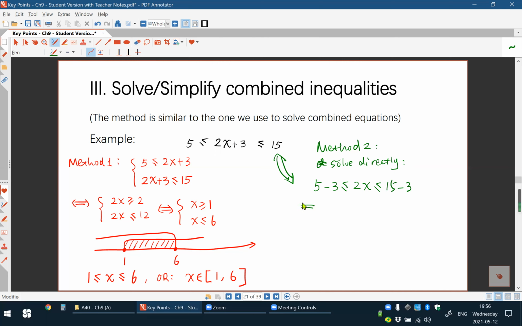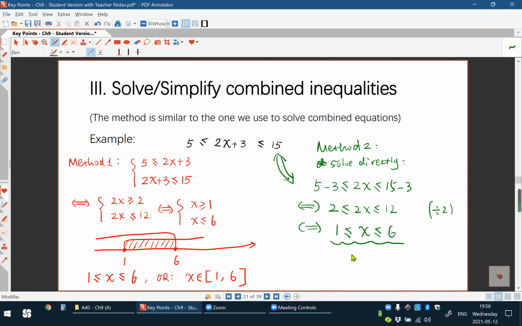This gives us 2x 12, right? And then we can divide 2 to both sides of the two inequalities, which gives us 1 equal to or smaller than x equal to or smaller than 6, right?